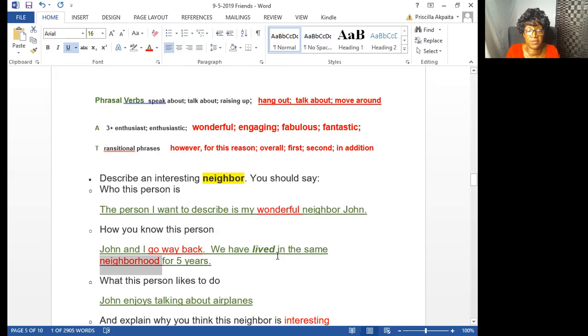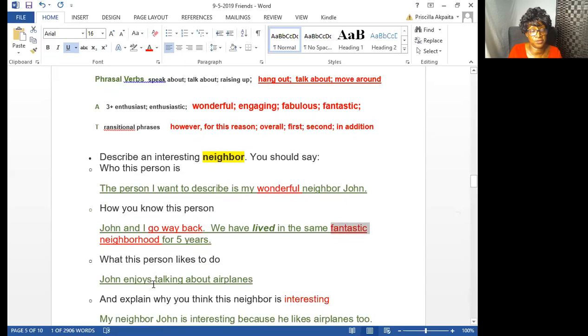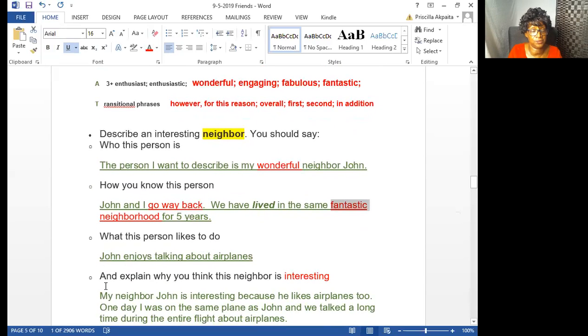And you could say we have lived in the same fantastic neighborhood. You can also put this here, fantastic neighborhood for 5 years. What this person likes to do. John enjoys talking about airplanes.